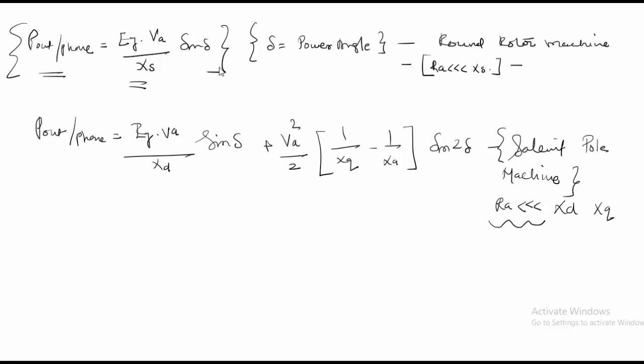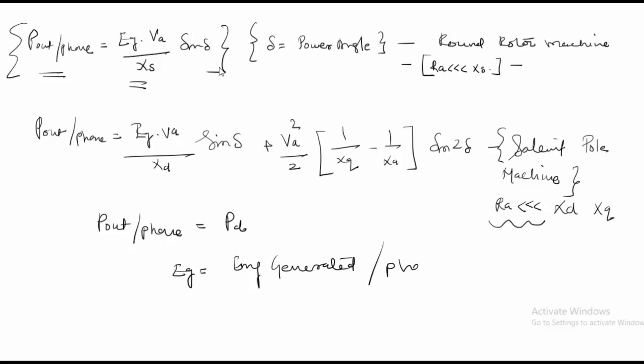Considering the different parameters here, the power output per phase is given by Pd, and Eg is my EMF generated per phase, delta is my power angle, and Va is my voltage out per phase.